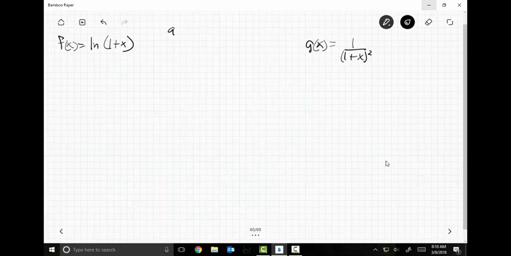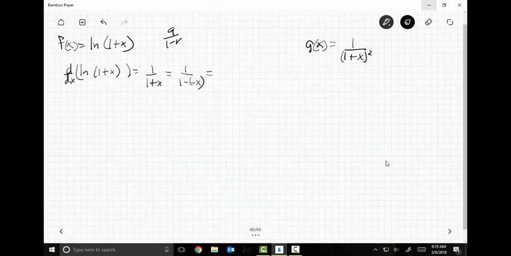It's clearly not in my geometric form. However, if I recall something, I know that the derivative of the natural log of 1 plus x is equal to 1 over 1 plus x. Now wait a sec, this is in this form, or close enough to it. This is 1 over 1 minus negative x, right?